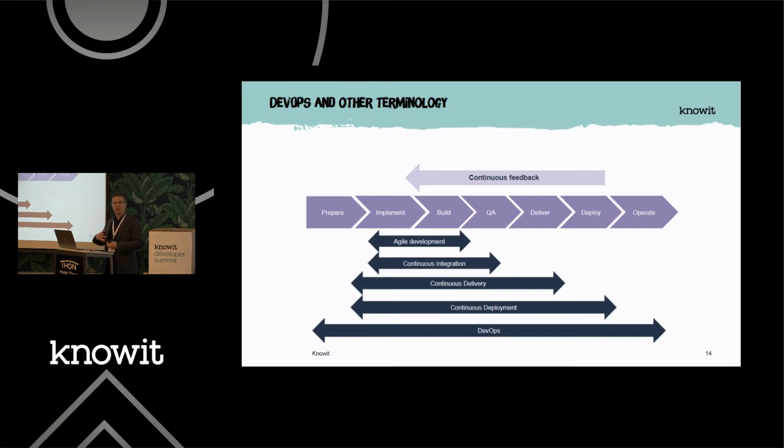But basically, you just push things into production all the time. And then that could mean once in a minute, once in an hour, once in a day, once in a week, whatever. But when you have something ready, you put it out into production. So that's continuous deployment.